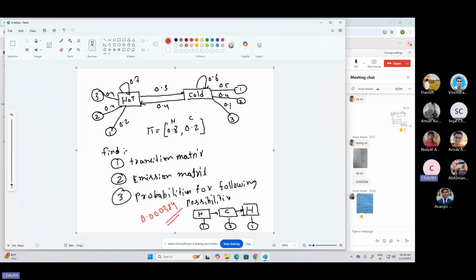And the transition matrix, when you see the transition matrix, hot and cold, hot and cold.